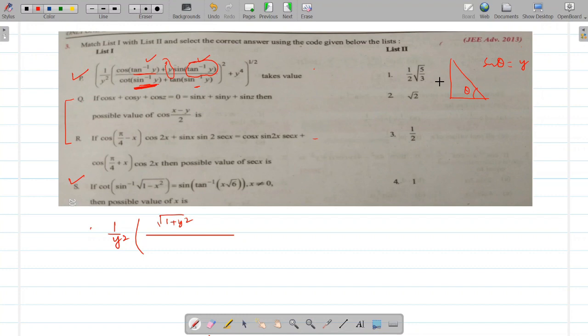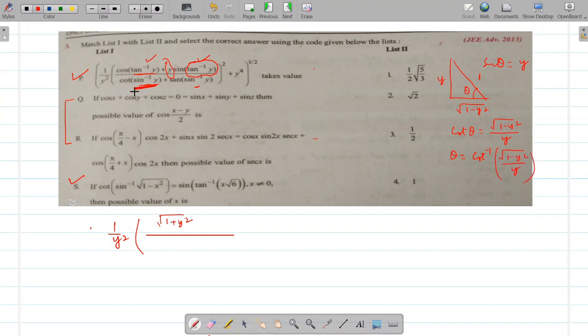So sine theta is equal to y. So this is y, this is 1, and this is under root of 1 minus y square. So cot theta will become under root of 1 minus y square divided by y. So theta is equal to cot inverse of under root of 1 minus y square upon y.